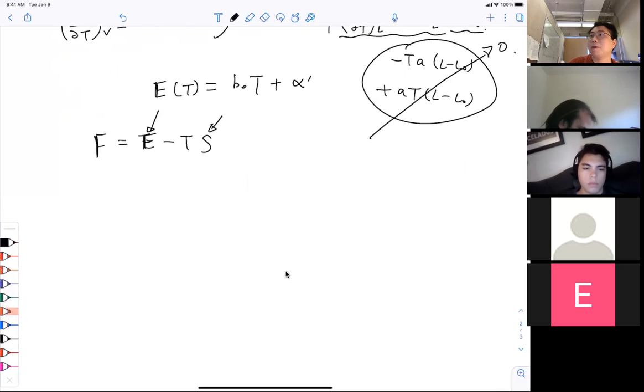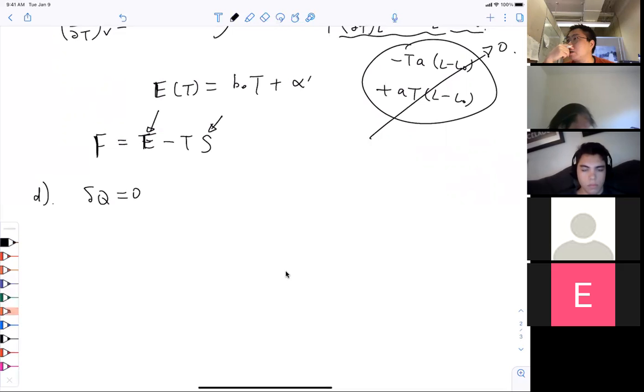Okay, so it's part D. Consider the following adiabatic process. Adiabatic means there's no heat exchange between the system and the environment, which means that Q is 0.